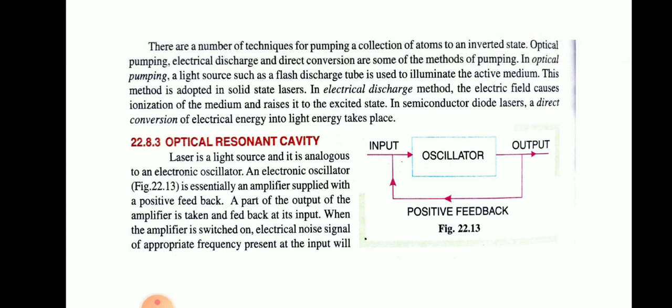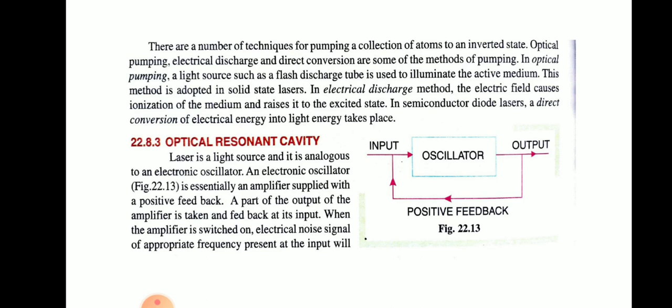Now next is the optical resonant cavity. A laser is a light source and it is analogous to an electrical oscillator. An electronic oscillator is essentially an amplifier supplied with positive feedback. A part of the output of the amplifier is taken and fed back as its input.